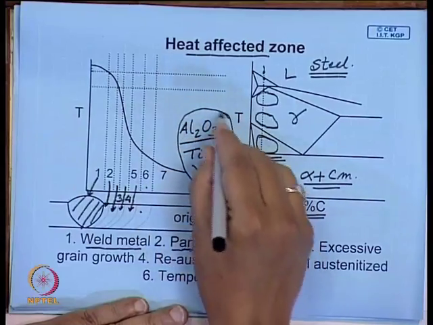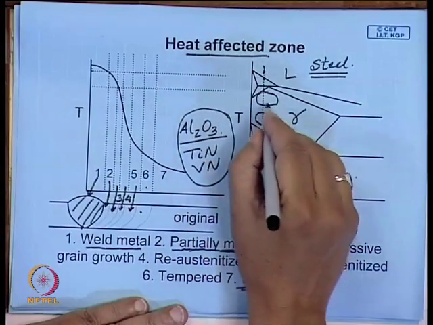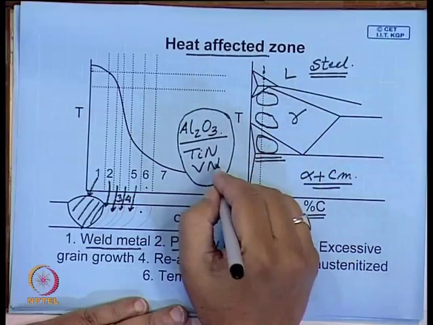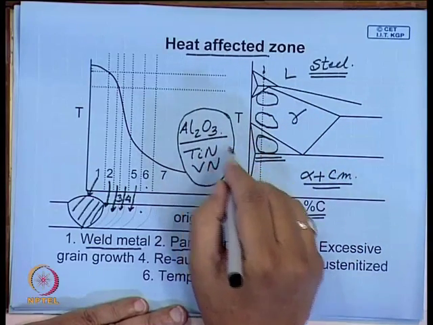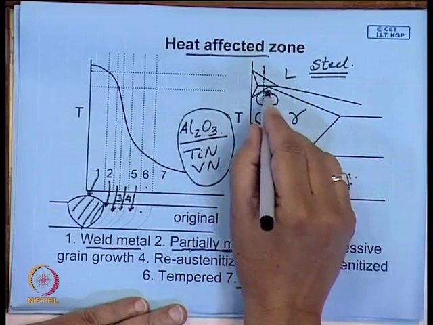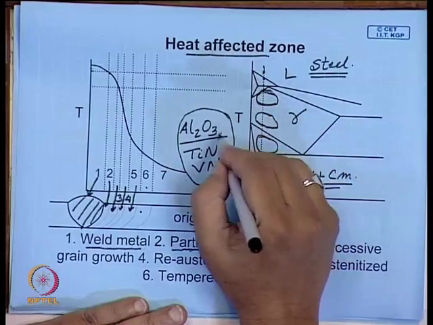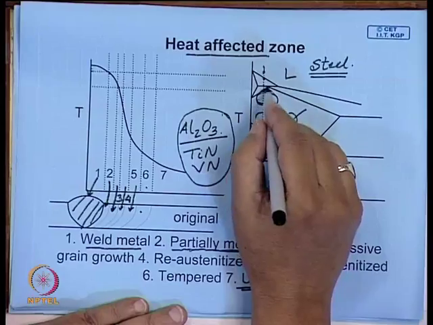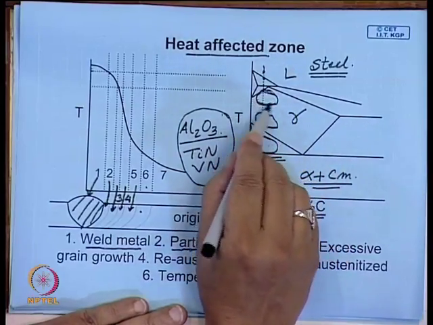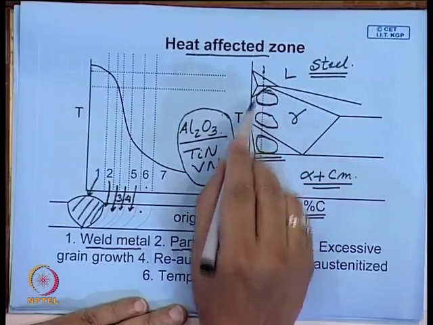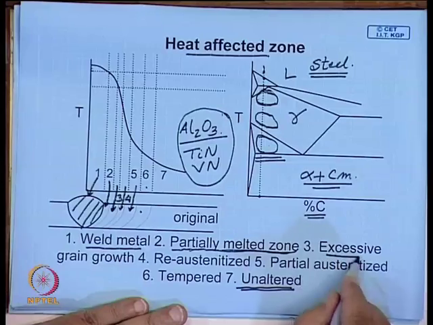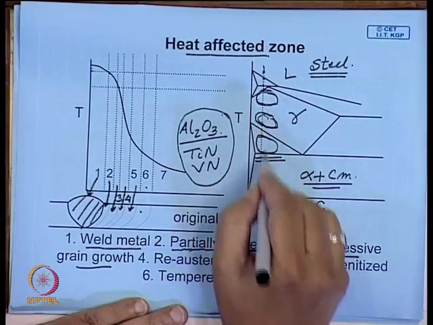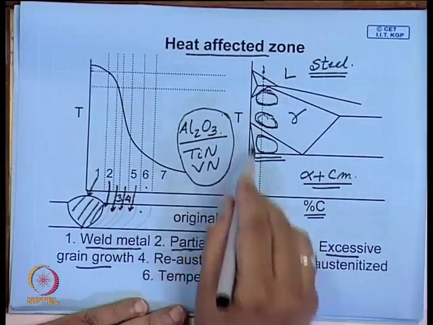They are very good at inhibiting grain growth, but they also dissolve beyond a particular temperature, and when you heat it over here, these precipitates also dissolve. If they dissolve, then the grains will grow, there will be abnormal grain growth, and grains will become very large. So, this is the excessive grain growth region.